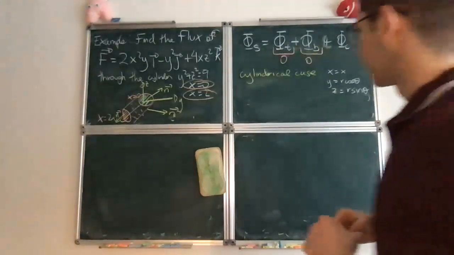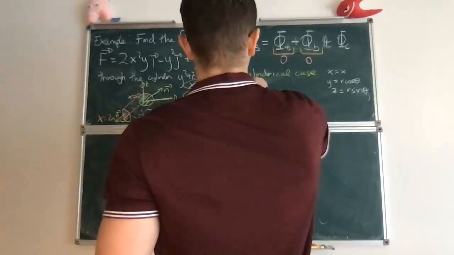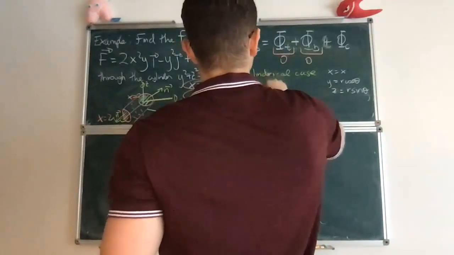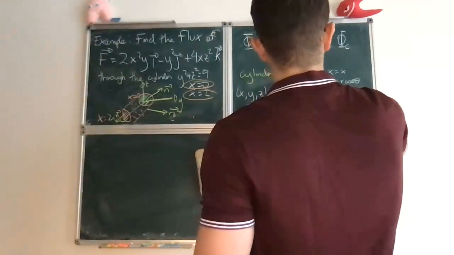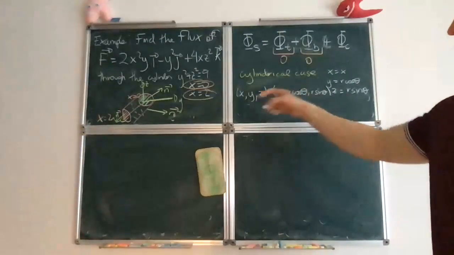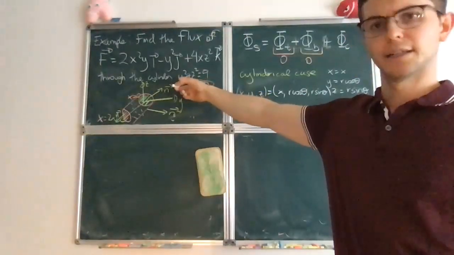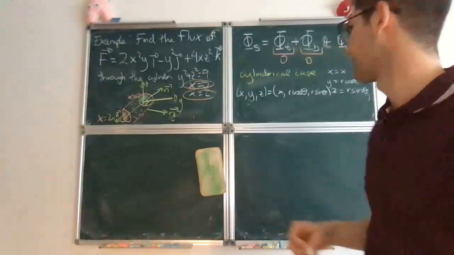And so a point on this cylindrical piece is of the form x, y, z, which will become x, r cosine of theta, r sine of theta. But for a point belonging to the cylinder, if you write this equation in these new cylindrical coordinates, this gives you that r equals 3.